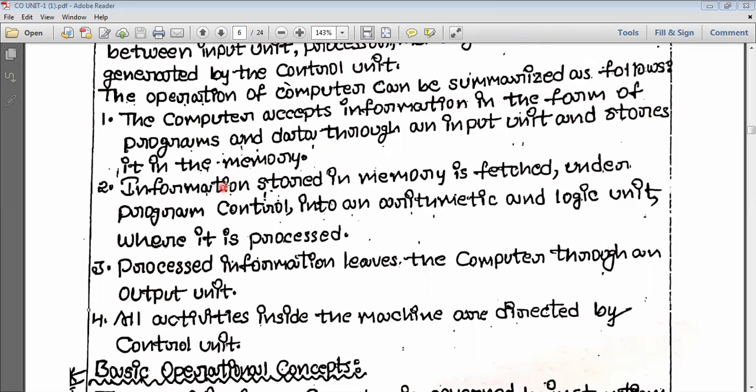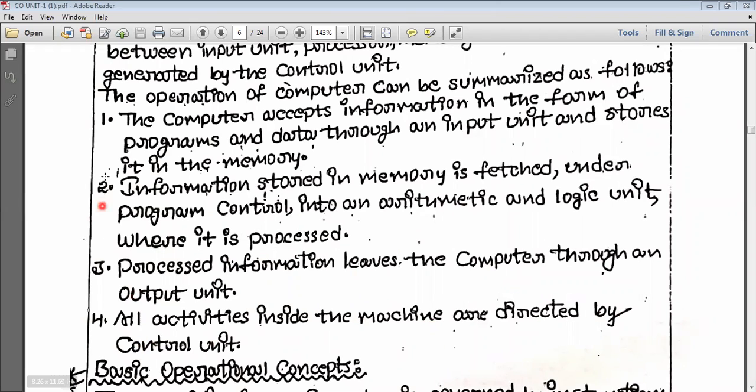Information stored in memory is fetched under program control into an arithmetic and logic unit where it is processed. That means processing is done in ALU. Processed information leaves the computer through an output unit. All activities inside the machine are directed by the control unit.